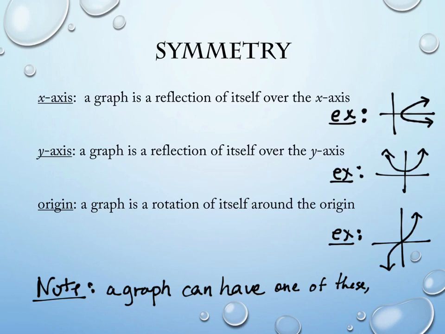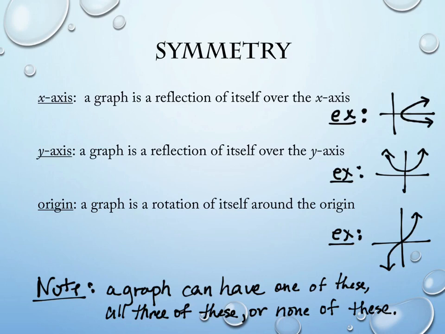That's a possibility. All three of these. Or none of these. In particular, it can't have two. If you get two, you get all three.